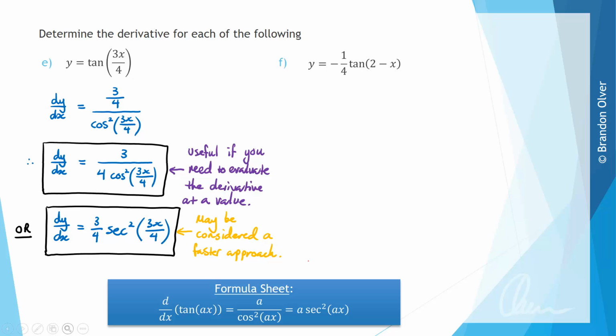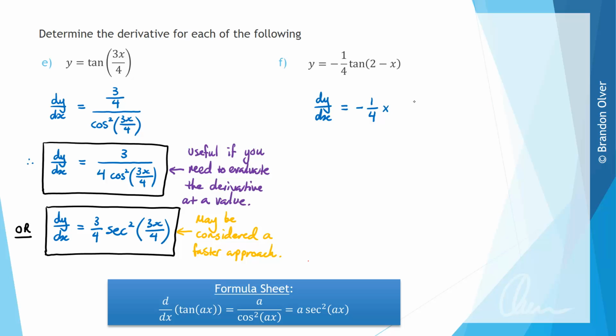For part F, we have y equals -1/4 times tan of 2 subtract x. So once again, we're going to calculate the derivative, which is dy dx, and that's going to equal, and now the -1/4 that's multiplying tan is still going to be present in the derivative, so we're going to have -1/4, and it's going to multiply, and looking at our rule, we'd have a over cos squared of ax, where the a value is -1 for this question, so that's the coefficient of x.